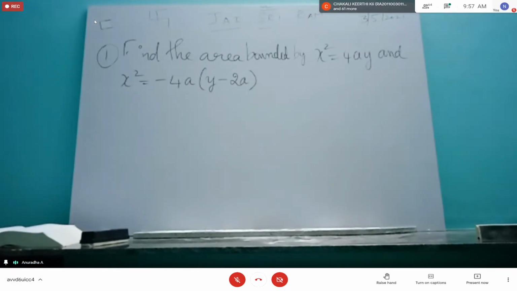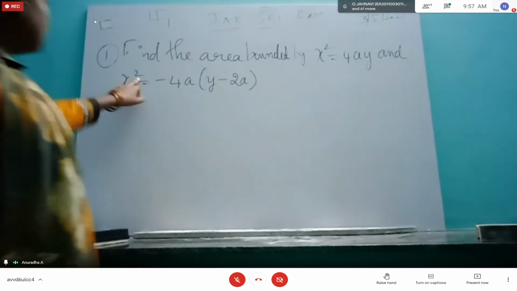What is the first curve? X is power 2, y is power 1. Obviously, it is a parabola. What is the second curve? The second curve is also a parabola with the opposite side, shifted. Shifted coordinates, that's all. Power 2, power 1.